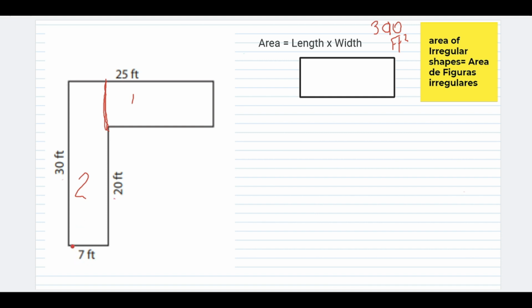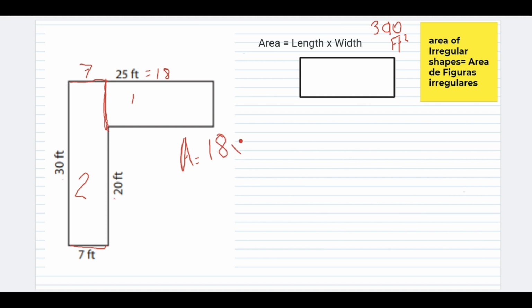Why 7? Because this shape has 7 in this part here, so here has to be 7 as well. 25 minus 7 is equal to 18. The length of the first shape is 18.